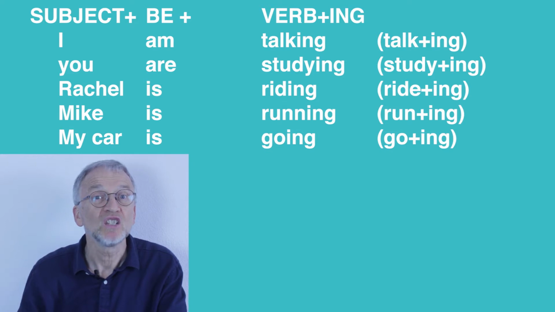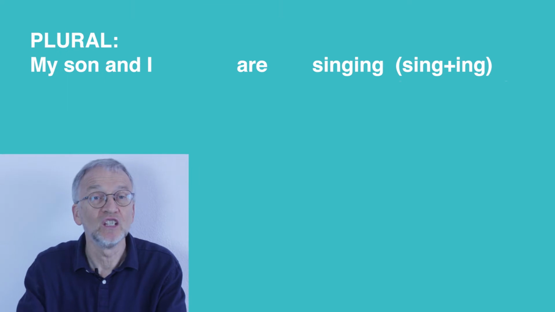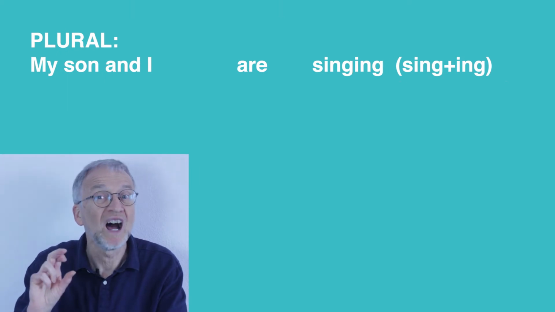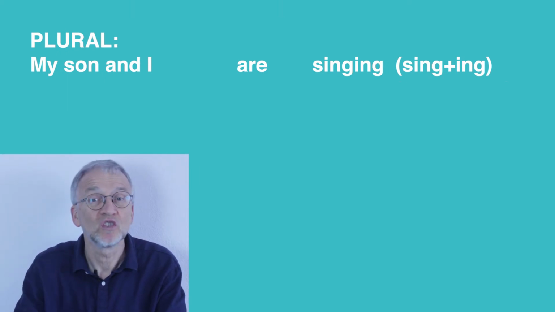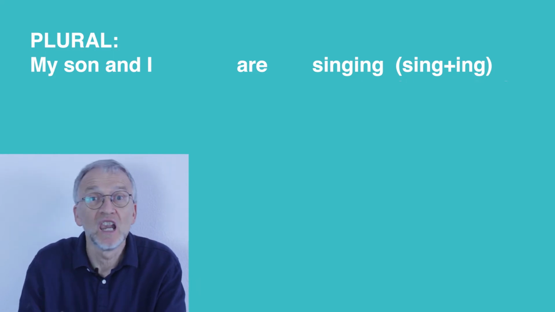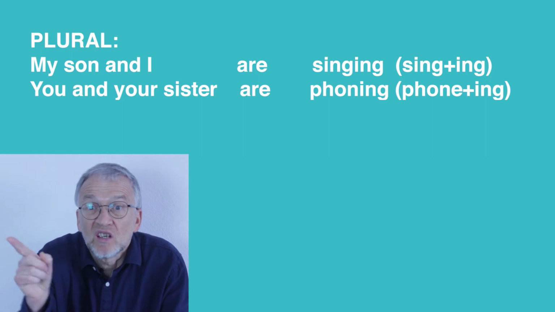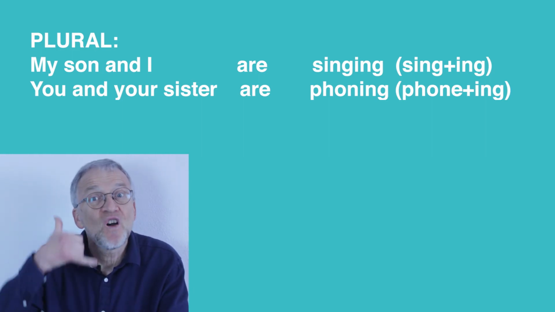My car is going. These are in the singular, and then in the plural they all use are as the verb to be. So you say we, for example, my son and I are singing la la la la la. Okay, and you in plural, so you and your sister are phoning.